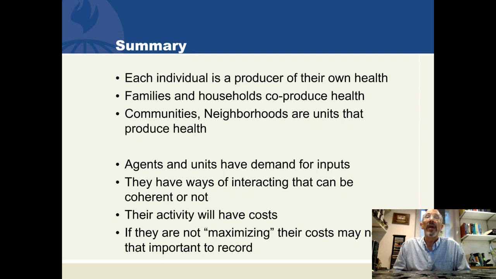They will be interacting with each other in ways that can be coherent and symbiotic or not. When they engage in activities, all of those activities will have costs, and we can use a cost function. But if they are not maximizing their production process, their costs might not be that important. And until we've produced some sense of efficiency in their system, we'll have to keep an open mind about what those costs mean.